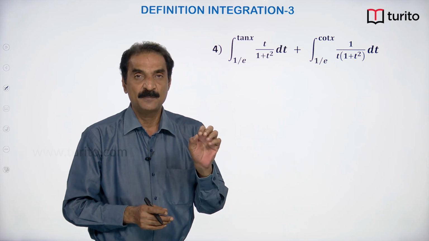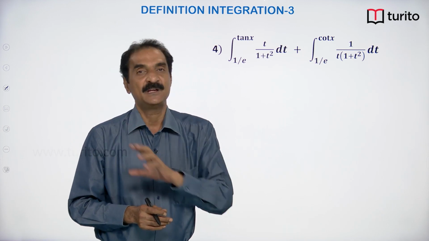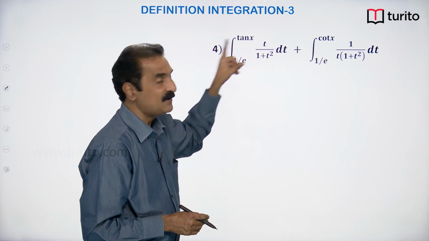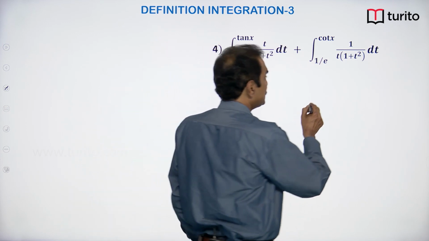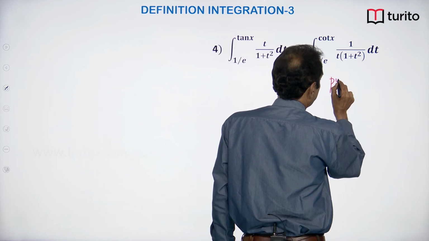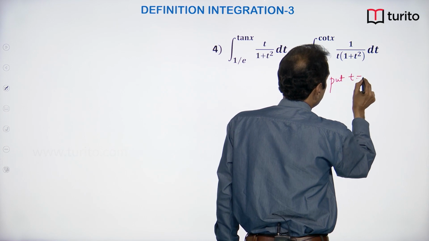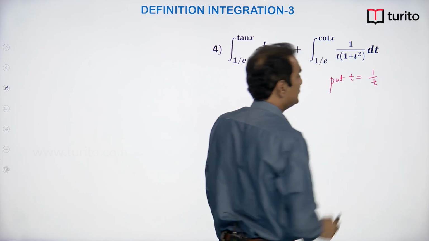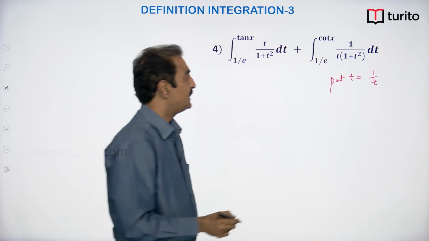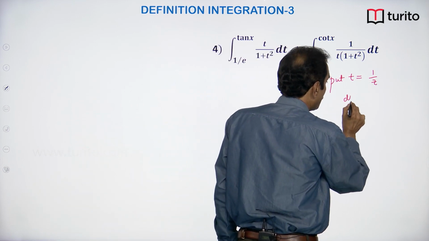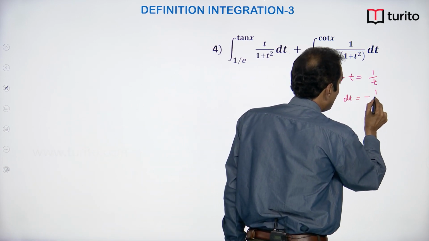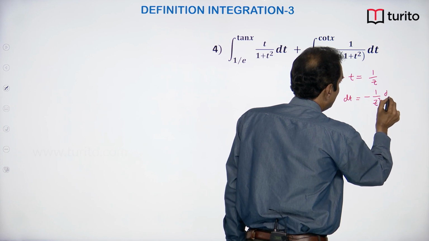You have to substitute the variable as 1 by another variable. Here the variable is t, no. So, let us substitute t is equal to 1 by z. Then dt is equal to minus 1 by z square dz.